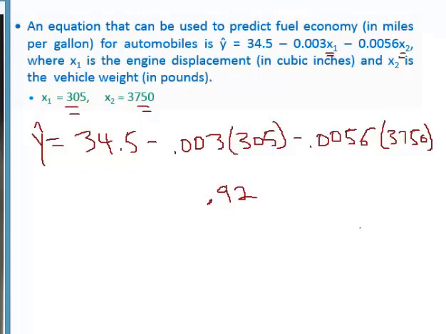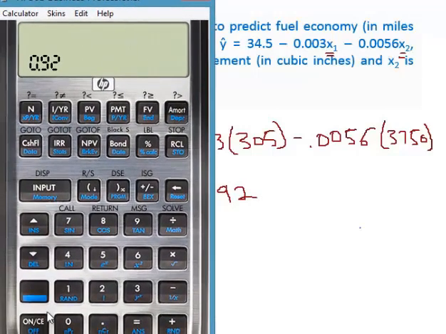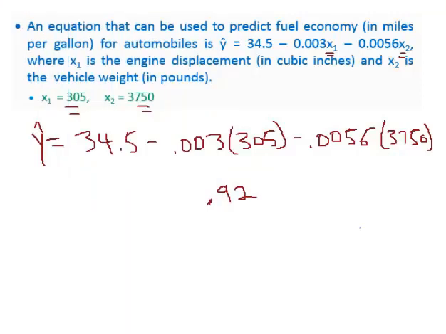And then we had, let's clear this, 0.0056 times 3750, and that gives us 21. Minus 21. This value, of course, stays the same, the 34.5. And, well, 34.5 minus 21 is 13.5.